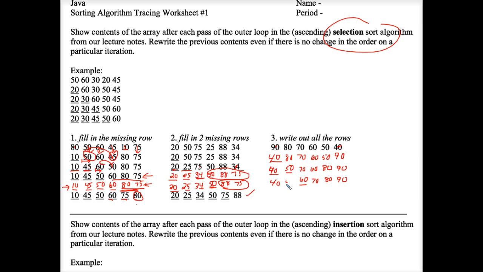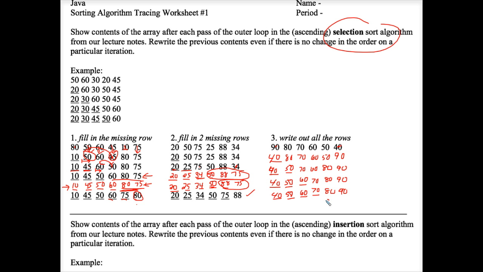In the next outer for loop iteration, the 70 is the smallest, so it stays where it is. There is no swap that executes in this iteration, but we do have to show this as a step in our exercise here on this worksheet.